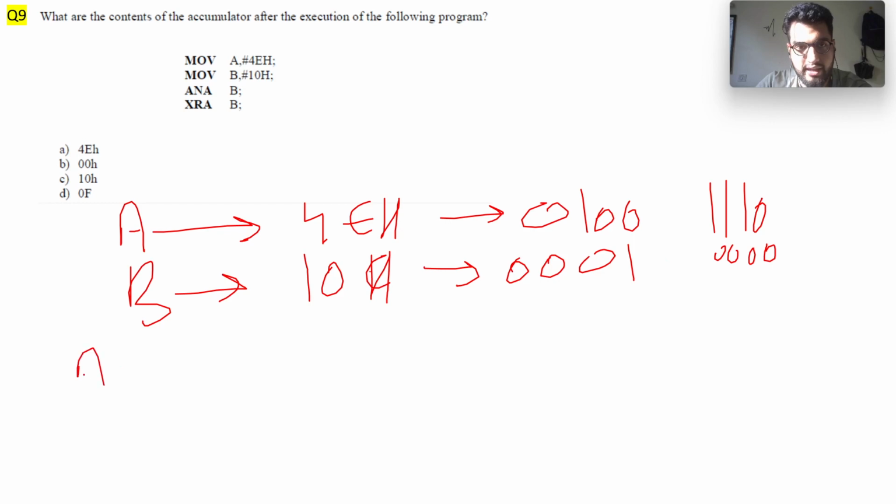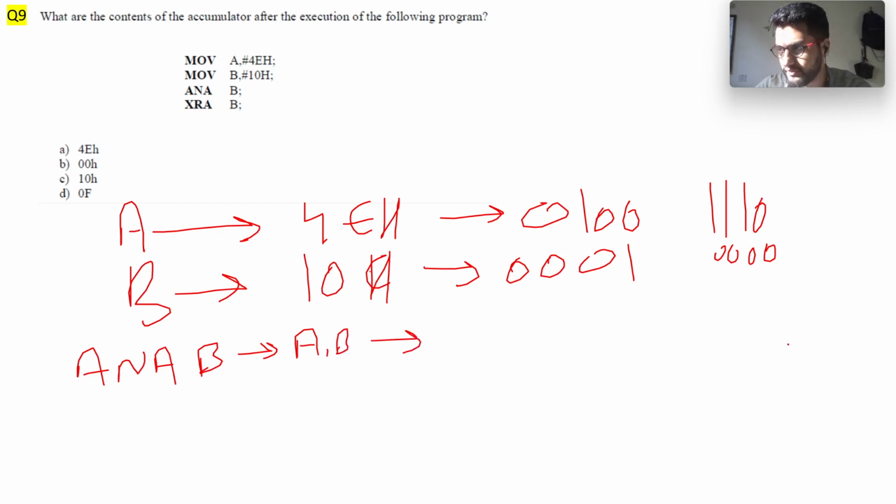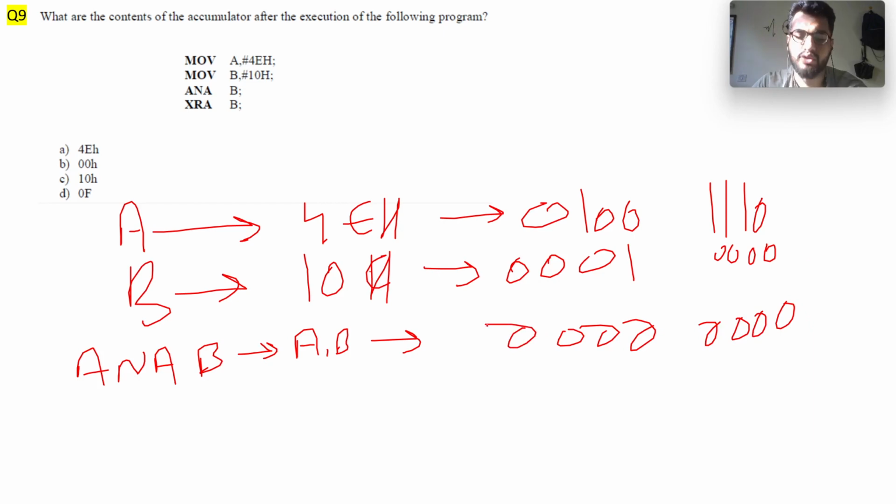Then you have ANA B, an AND operation between B and A, and the results are stored in the accumulator. So it's all zeros. After this, A became 00 hex.